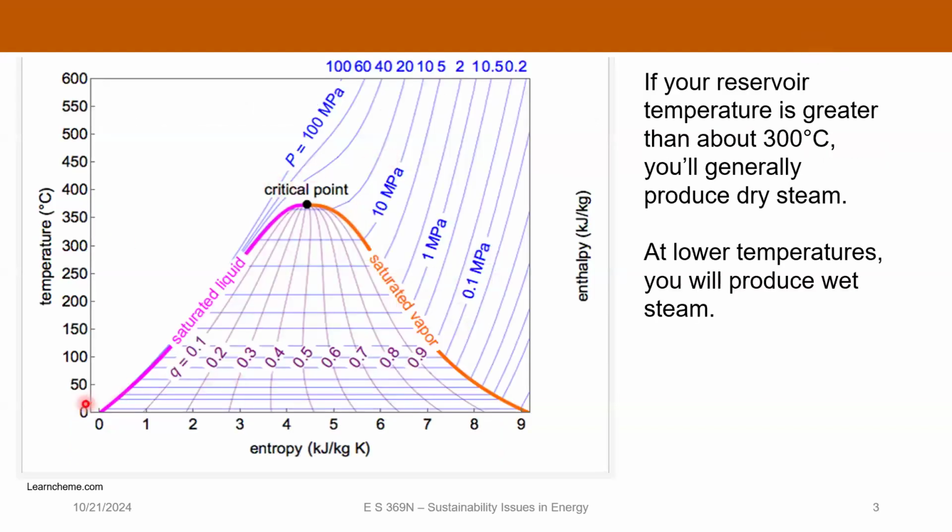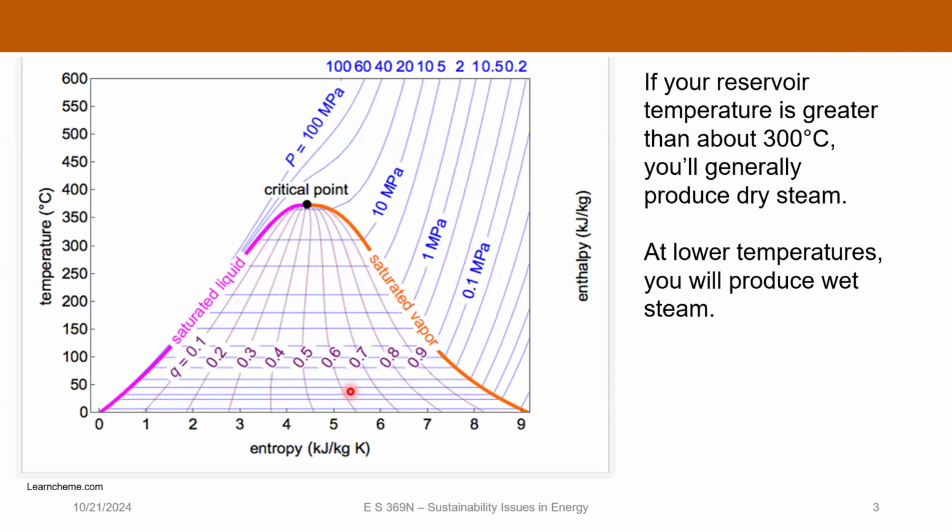So let's go back to our temperature entropy diagram. This is one for water, and you can see there are a couple of regions that you want to pay attention to. Ideally, if you're doing high enthalpy geothermal, you're going to be producing nothing but steam. There's going to be no liquid water coming out. It's all going to be vapor.